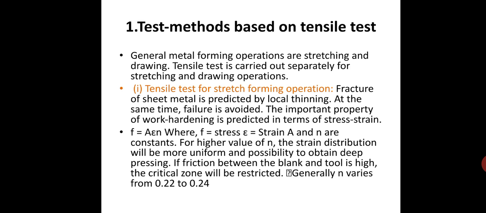The next one in the test based on tensile stress is tensile stress for drawing operations. The sheet metal is deformed in the lower punch by thinning under biaxial stress.